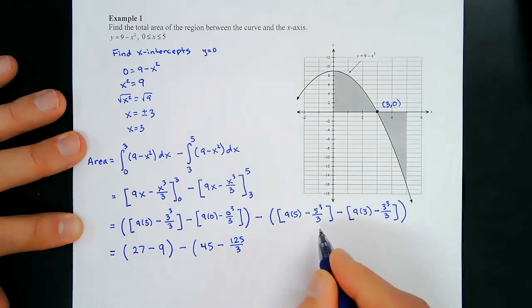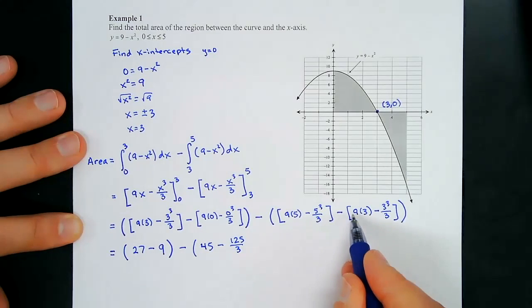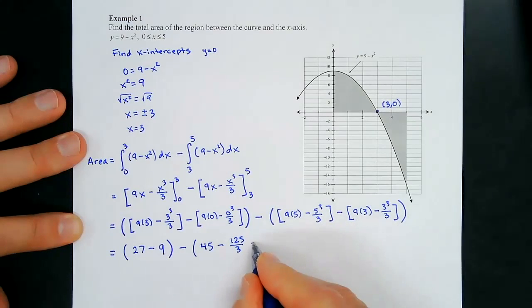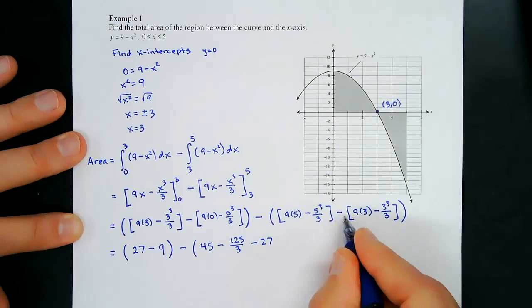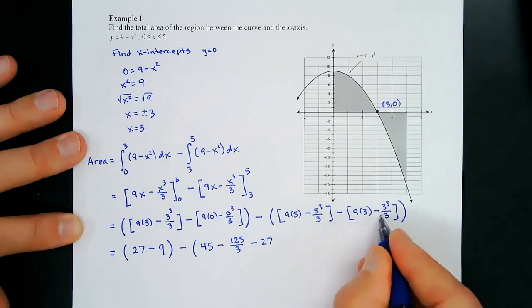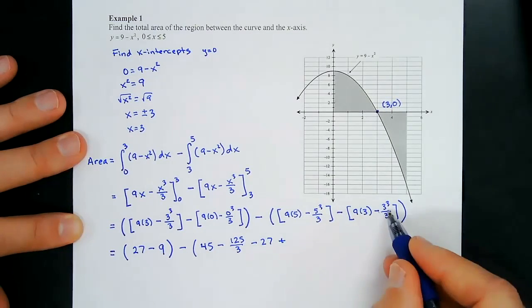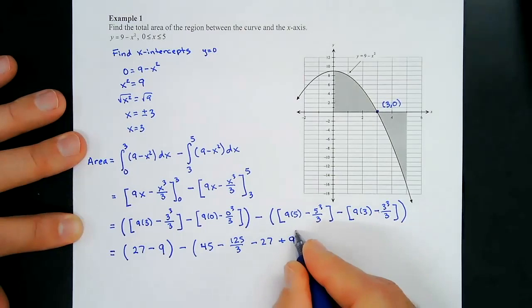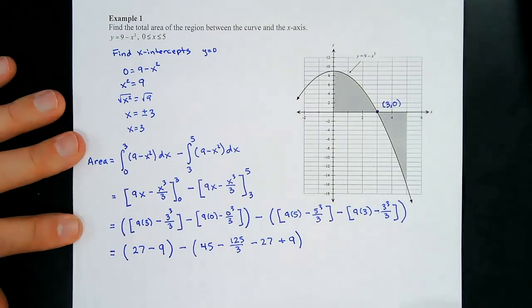So I'm working on getting rid of these brackets. This one's going to be minus 27. And because this is negative and I'm going to subtract it, it's going to become positive. And this would be 27 over 3, which is 9. So plus 9. All right, I'm looking at different ways I can do this. I'm just going to go ahead and distribute this negative with each of these.